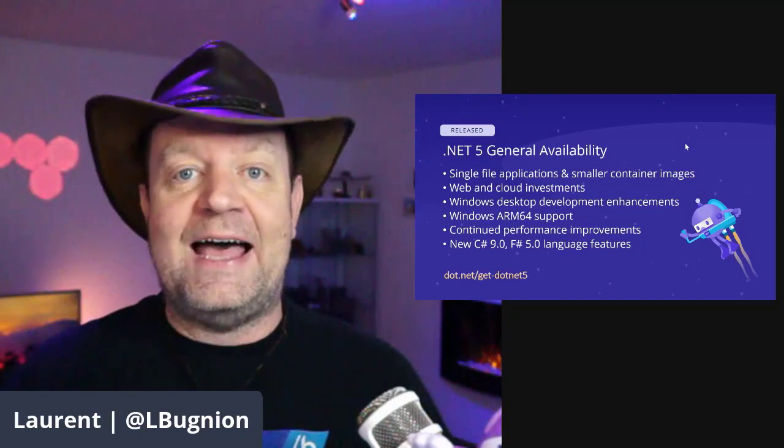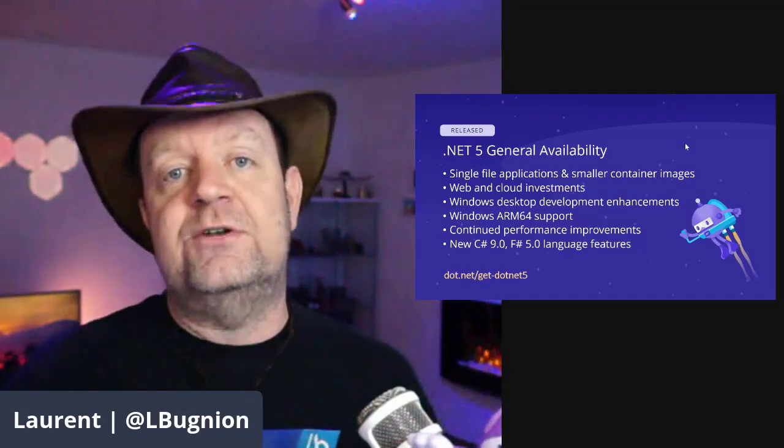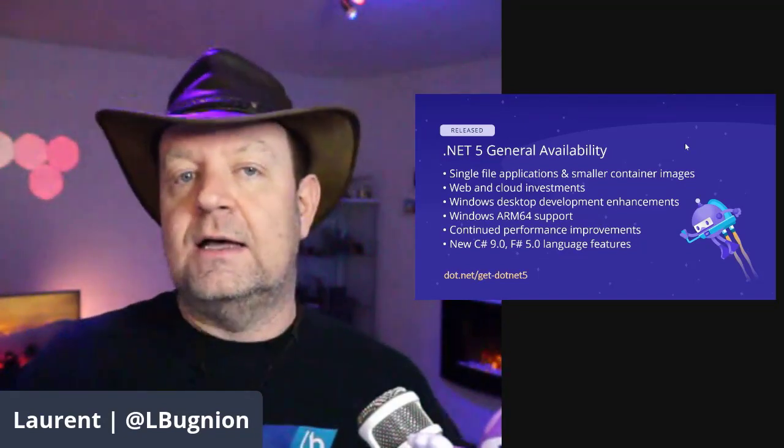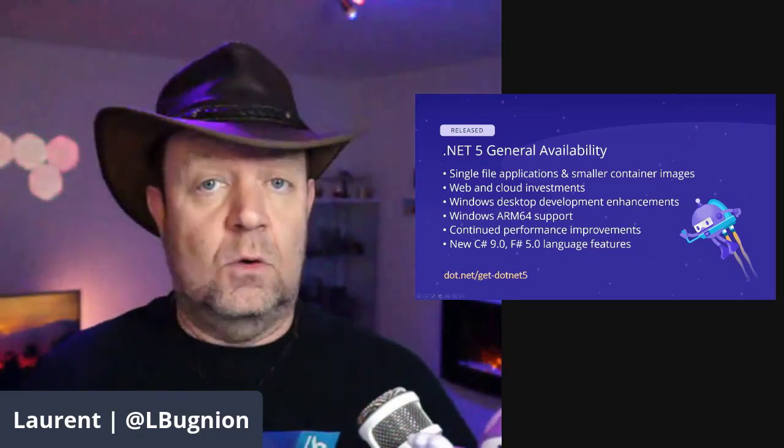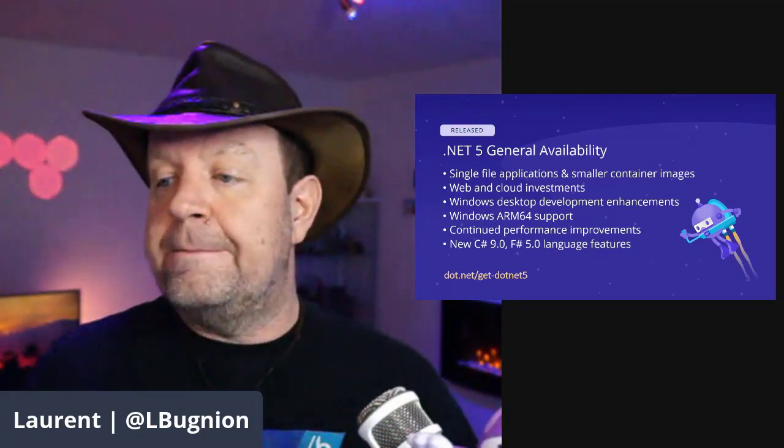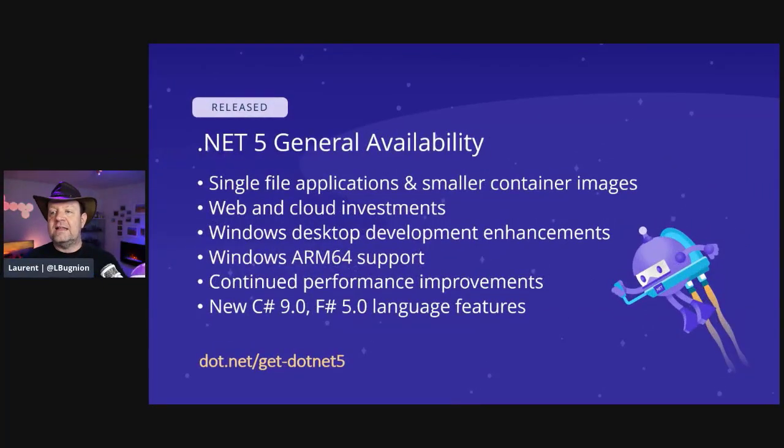So C# 9, F# 5. If you're interested in those features, check the presentations next to that. And this is also interesting to know, and definitely something that you probably want to check out. So again, if you want to check where you can get .NET, you go to .NET/get-.NET5, and this is where you can download it.